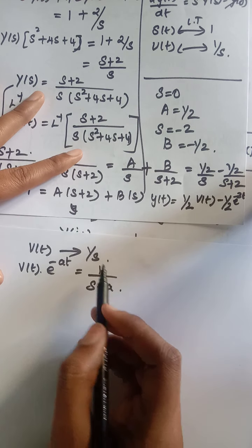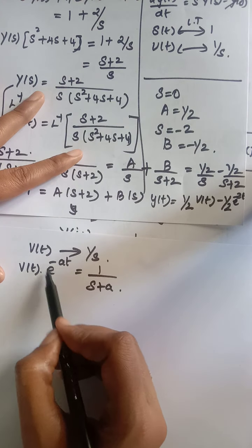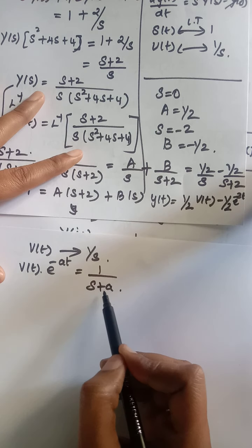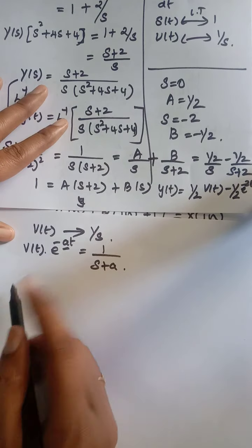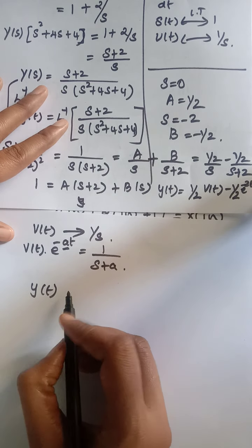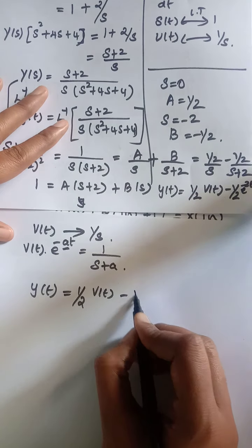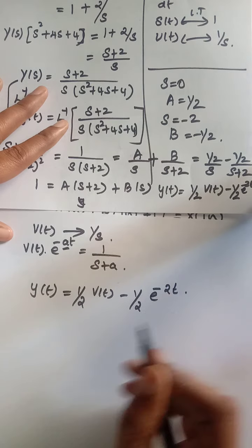So what it means is, wherever you are having s, if you have an exponential in the time domain, you need to replace it with s plus a, so that gives the corresponding value. The same concept I am going to apply: already the value is y of t equal to 1 by 2 u of t minus 1 by 2 e power minus 2t. So this is the answer.